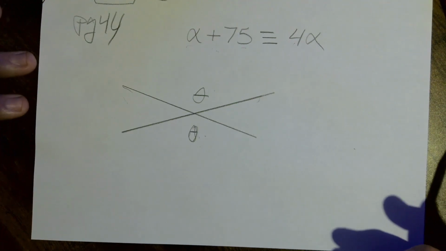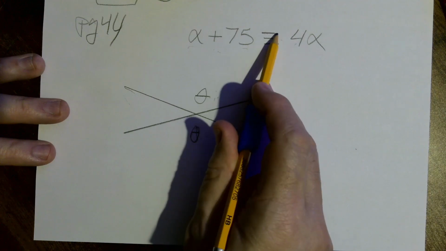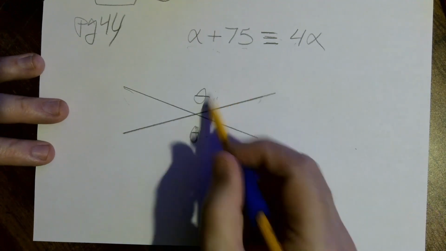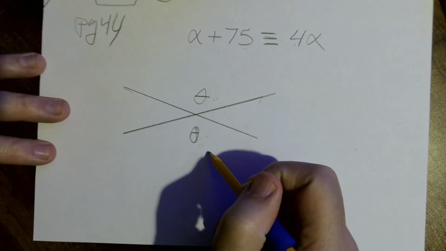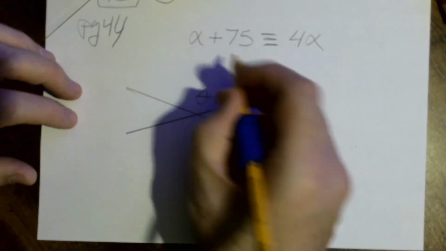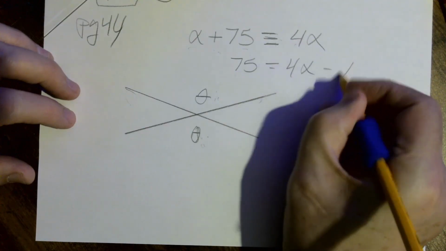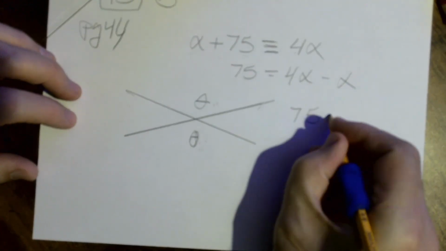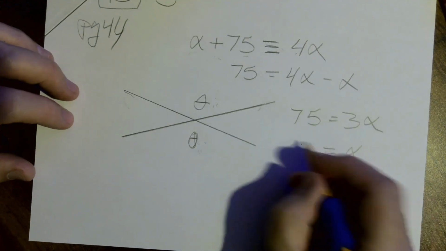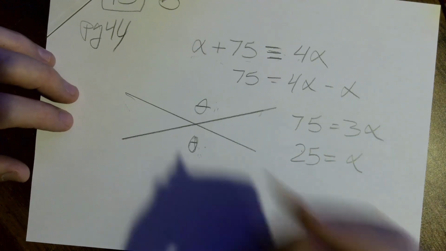But we know these are vertical angles, so they're congruent. They're the same angle measurement. They have that sameness. So let's add the opposite of alpha to both sides. We get 75 equals 4 alpha minus alpha. 75 is equal to 3 alpha. Alpha is equal to 25. And this is the measurement of the angle.